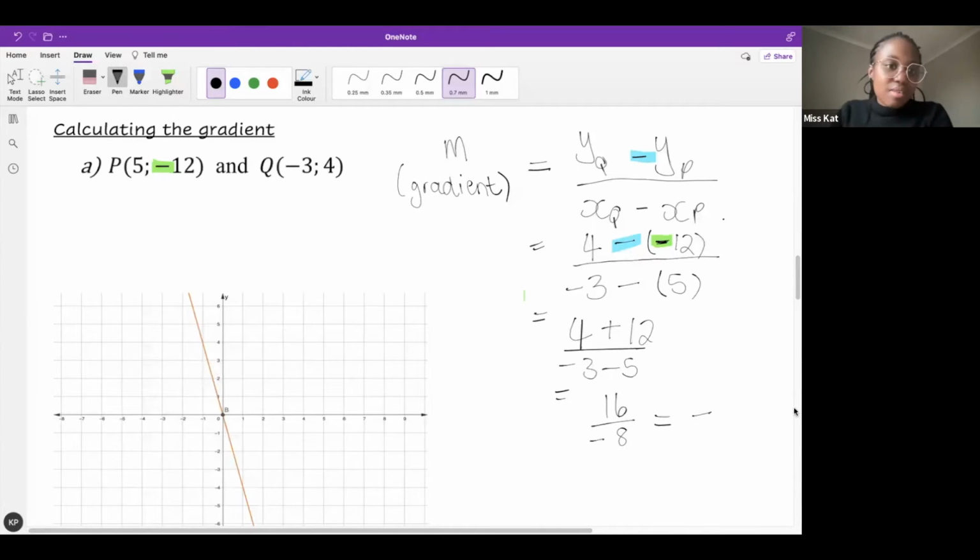And what's 16 divided by 8? That would be a 2. So now that means the gradient for the graph A, which is this one over here, numbered A, means the gradient is negative 2.